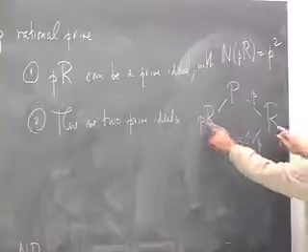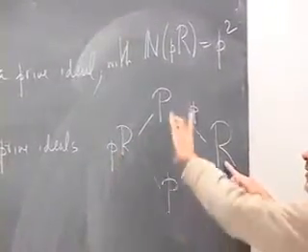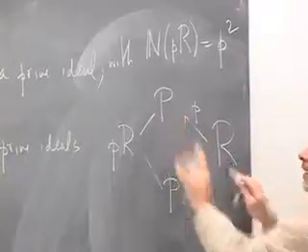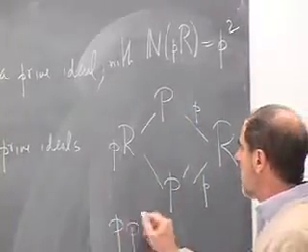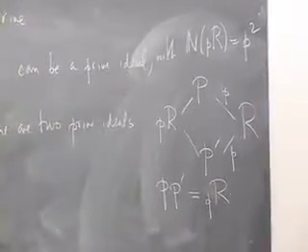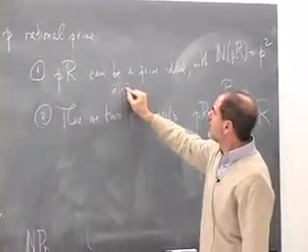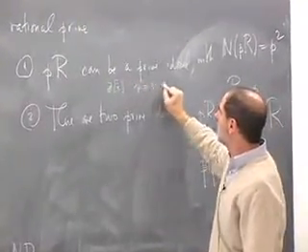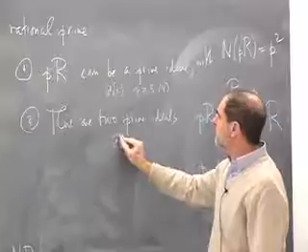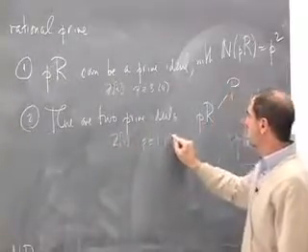Or this can have index p squared in R, but not be a prime ideal, not be maximal. There might be two ideals between it, such that p times p prime is equal to pR. And this case we found in the Gaussian numbers when p was congruent to 3 mod 4. And this case we found in the Gaussian numbers when p was congruent to 1 mod 4.